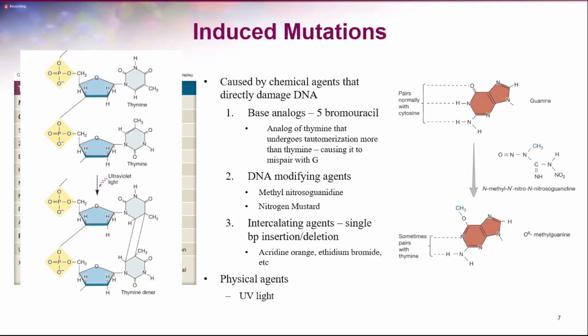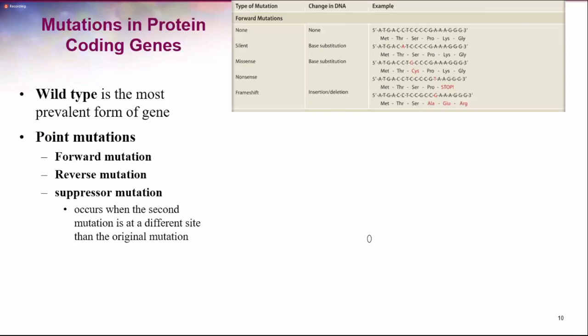But we can certainly have some of the proofreading mechanisms absent, so that once a mutation, like with the nitrosoguanidine, has been introduced, cells don't go back and correct it before the next replication cycle.